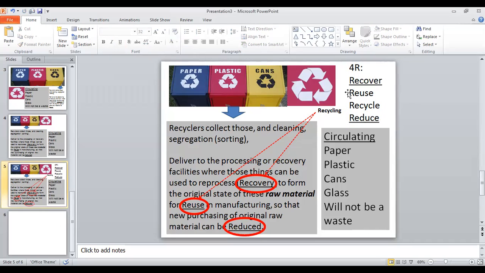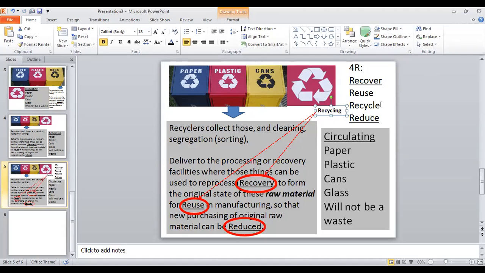So reuse and recycle, the most appropriate raw material for reuse. Okay, raw materials to come into the original state of raw material. So this reuse, instead of this, the recycle is important. Okay, because for recycling, that we call reuse.